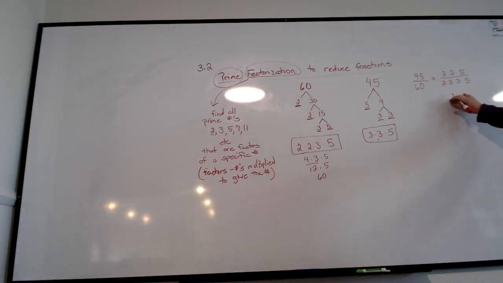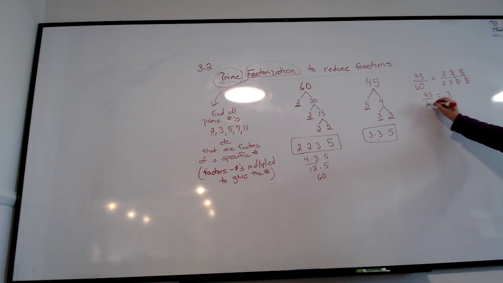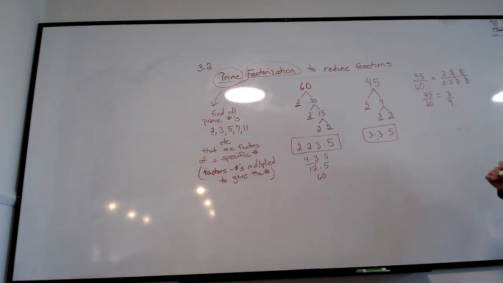Okay, if you look at these, a 5 divided by 5 is 1, so those cancel. A 3 divided by 3 is 1, so those cancel. What I'm left with is 3 over 4. I just reduced 45 over 60 down to 3 over 4.